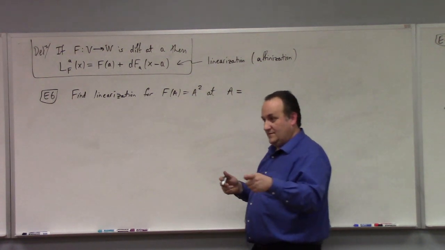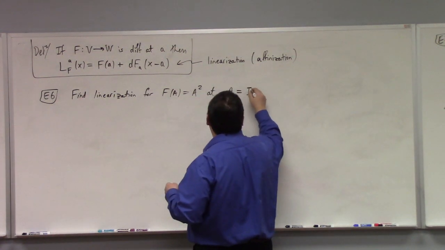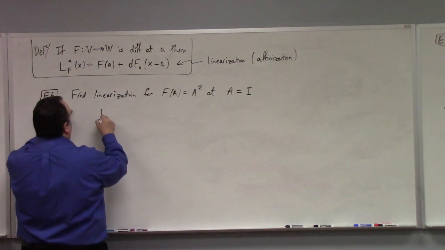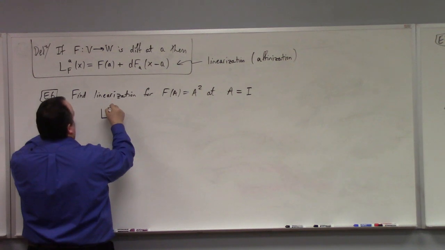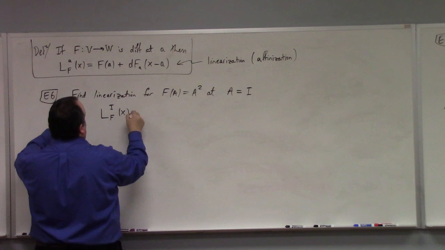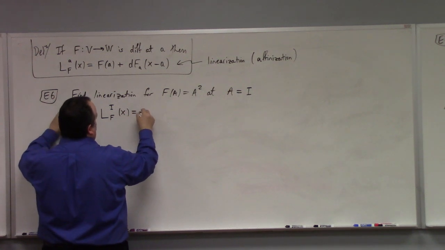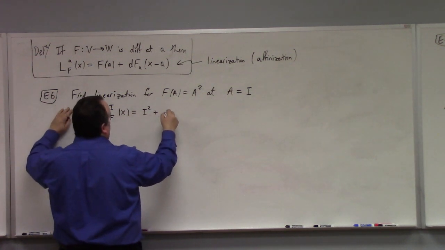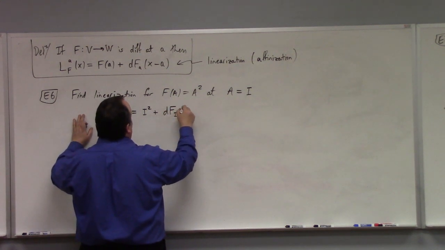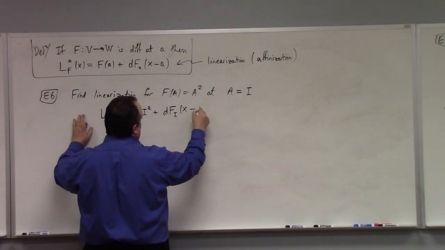The identity is good. So let's do that. So we've got L_f at the identity of x is equal to identity squared plus the differential at the identity of x minus the identity.